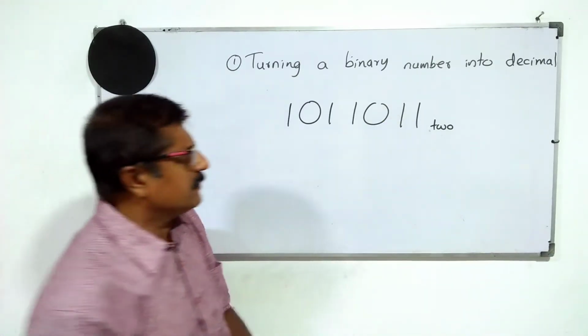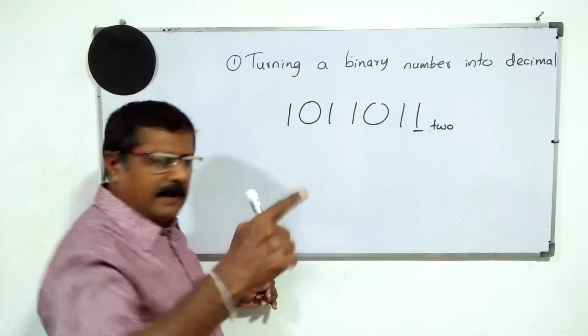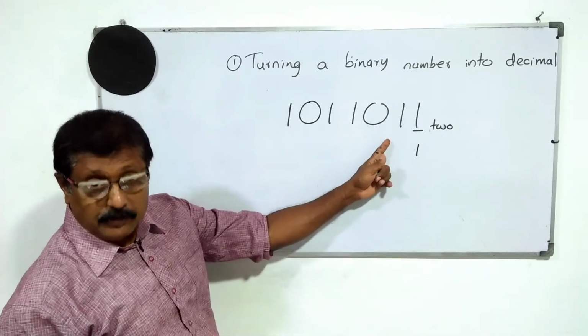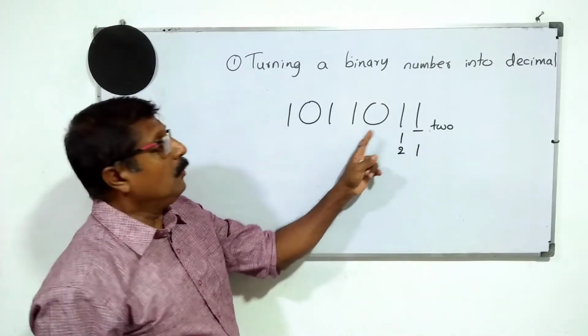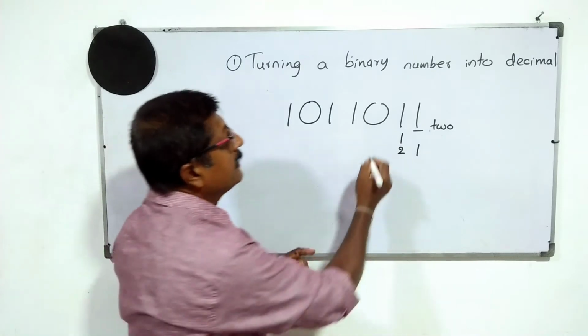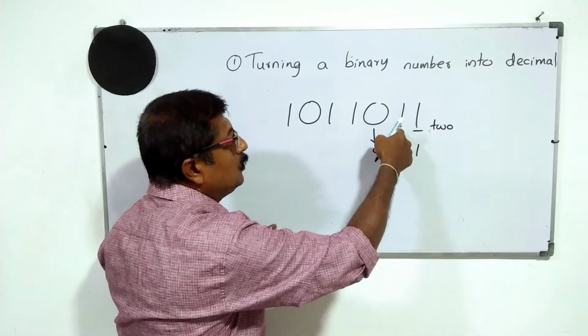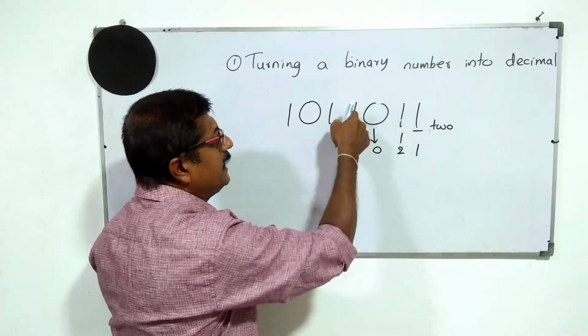Now, you know about the place values. These are ones. How many ones are there? 1. Then it is 1. These are twos. Are there any twos? Yes. This is 2. These are 1, 2, 4. But there is no 4 in here. 1, 2, 4, 8. There is an 8. 1, 2, 4, 8, 16.